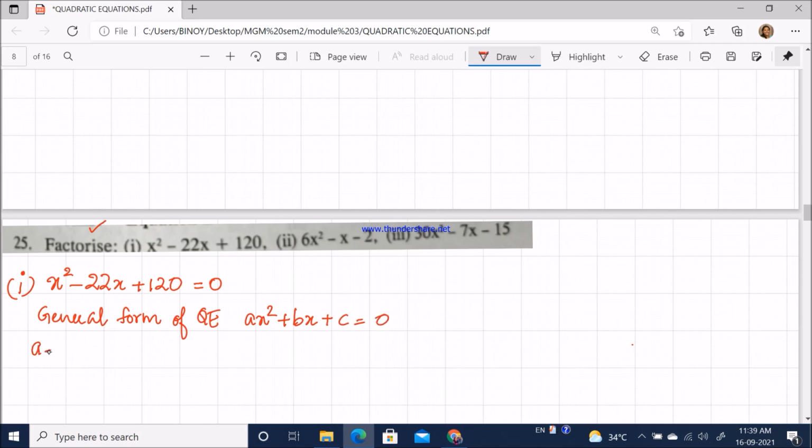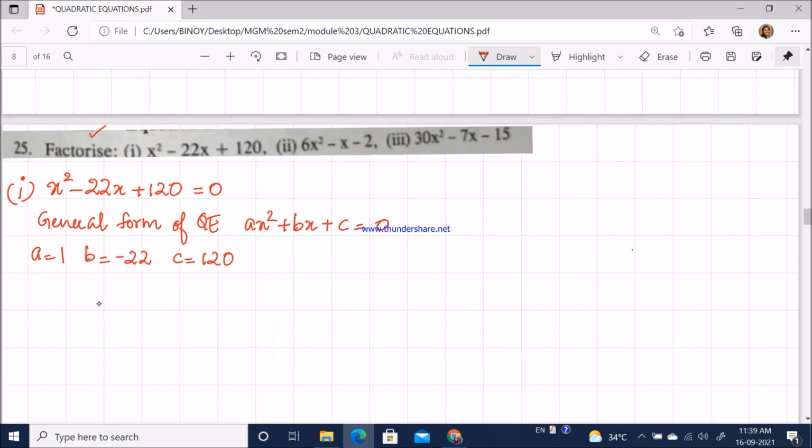So a is equal to 1, b is equal to minus 22, and c is equal to 120. So ac is 120 and the sum is minus 22.